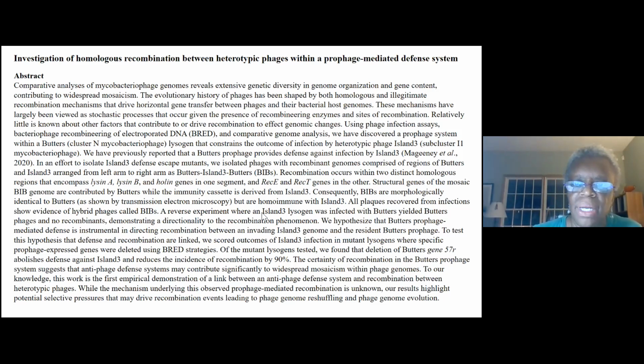One of the things that we're interested in the phage story is how phage genomes evolve. Phages have lots of genes for which we don't know what those genes do. And the reason that we would be interested in this is because, to be honest with you, bacteria can be our friend and they can be our enemy.